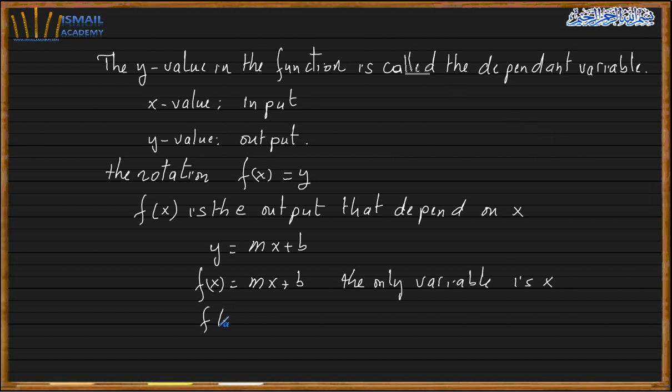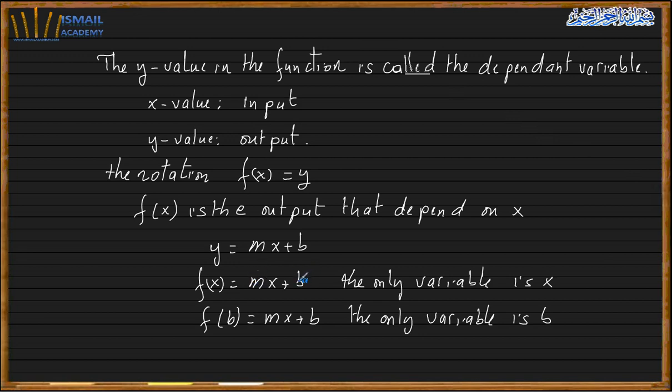If I wrote, for example, f of b equal mx plus b, here the only variable is b. What does it mean? If I change the value of b here, I will change only that b. For me, those are not variables, they are numbers. The same thing here. X is the only variable. If I change this x, I will change only that x.